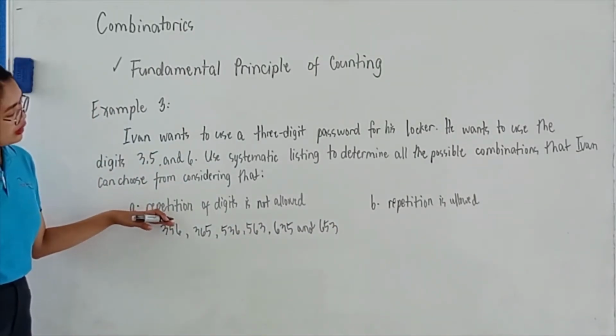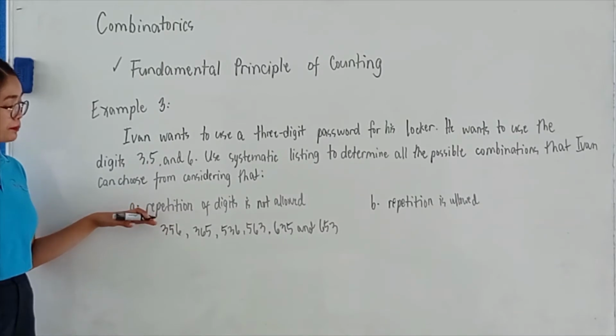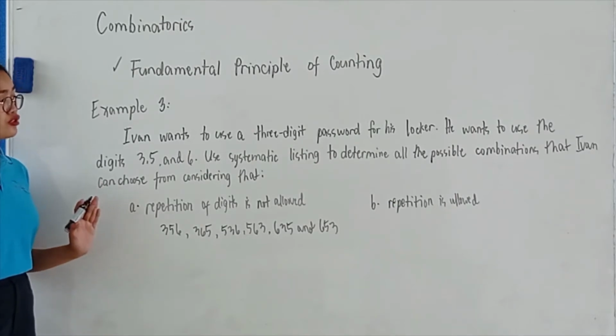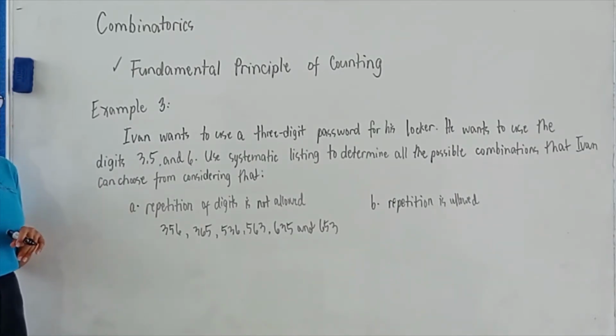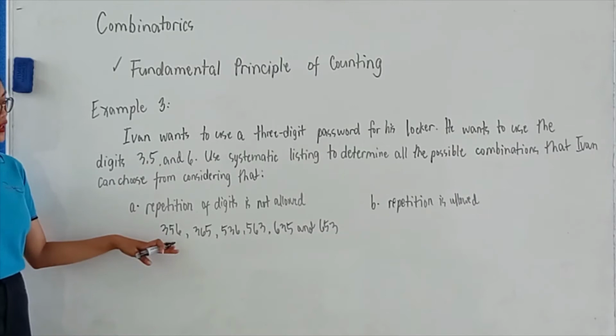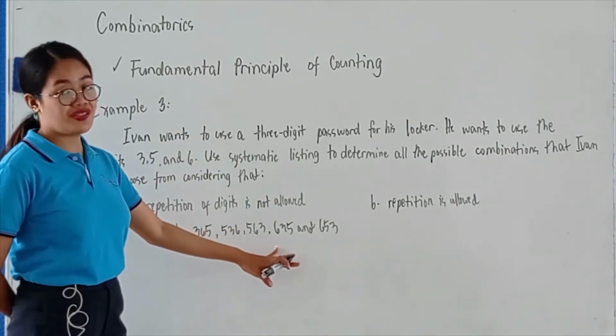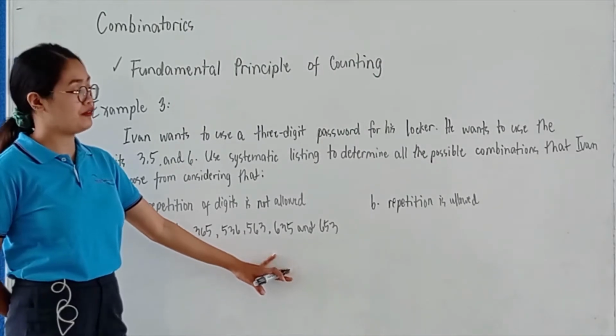Where a digit is not allowed to be repeated, we will only have 6 combinations of 3-digit passwords: 356, 365, 536, 563, 635, and 653.